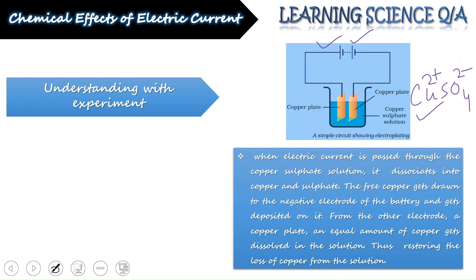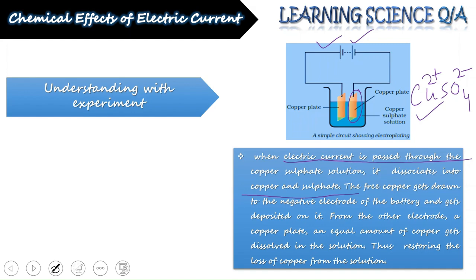So when electric current is passed through the copper sulfate solution, it dissociates into copper and sulfate ions. The free copper ions get drawn towards the negative electrode of the battery and get deposited over it, going on depositing over the copper plate.